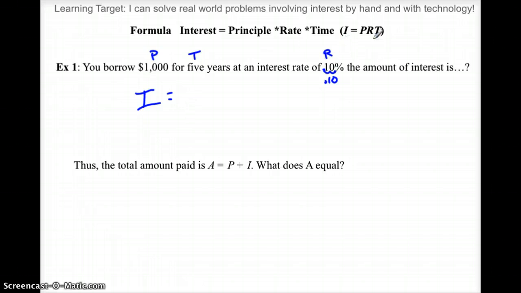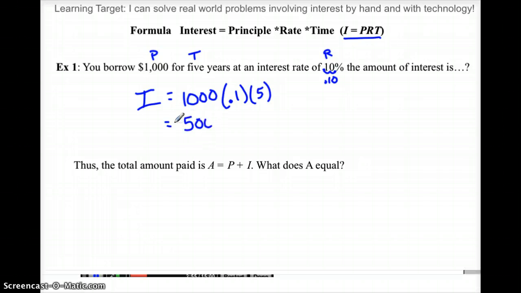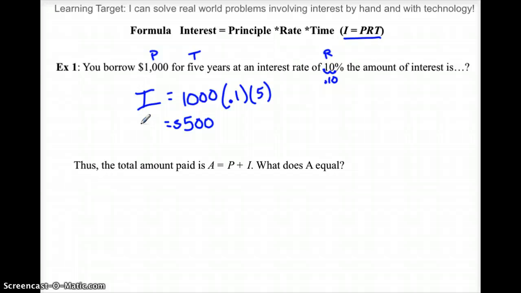So the formula was P times R times T. So 1,000, my principal, times my rate, 0.1, times my time, 5. What I get when I multiply, $500 is how much interest I'm going to be charged to borrow $1,000 when I have that rate of 10% for 5 years.